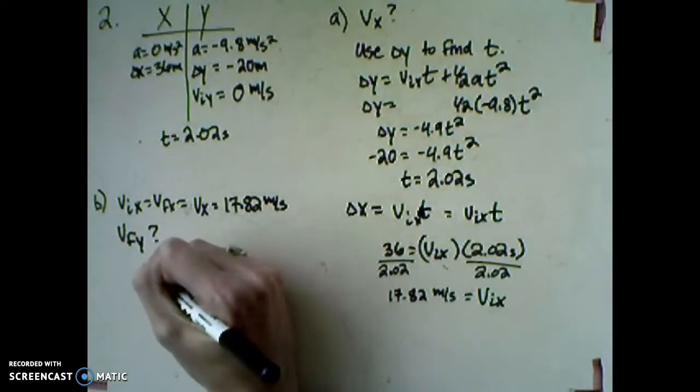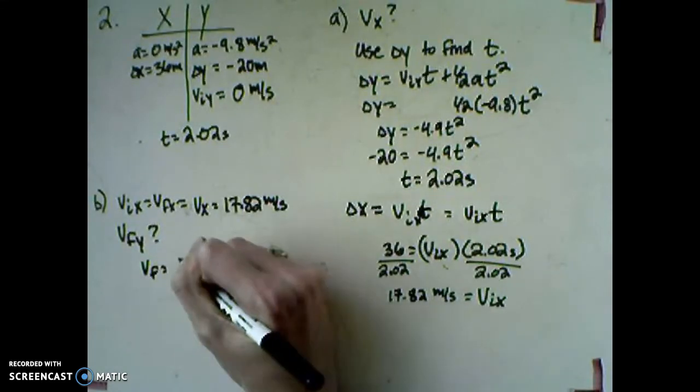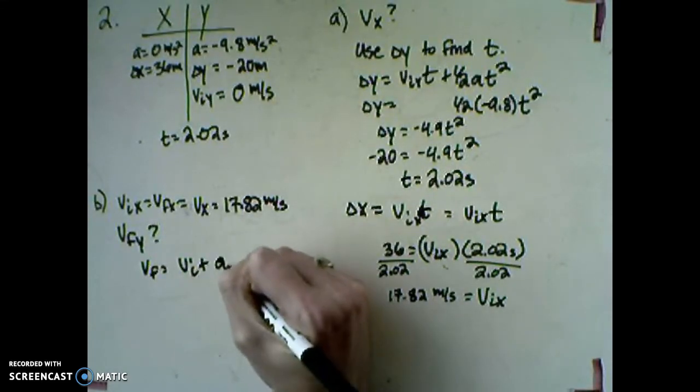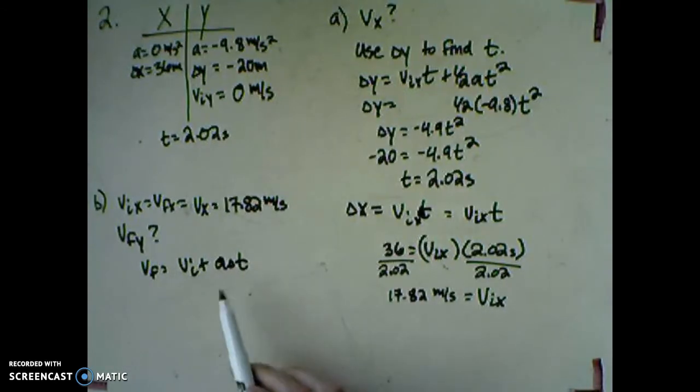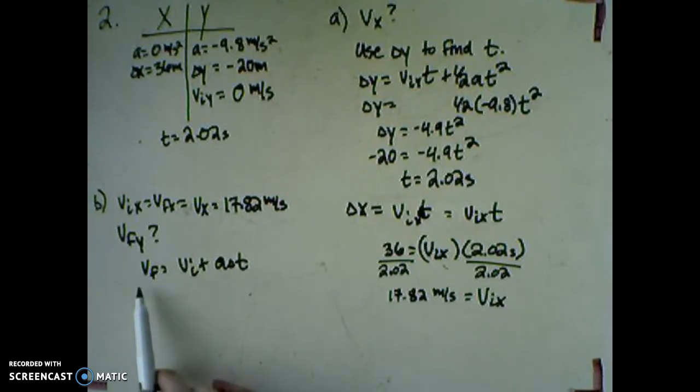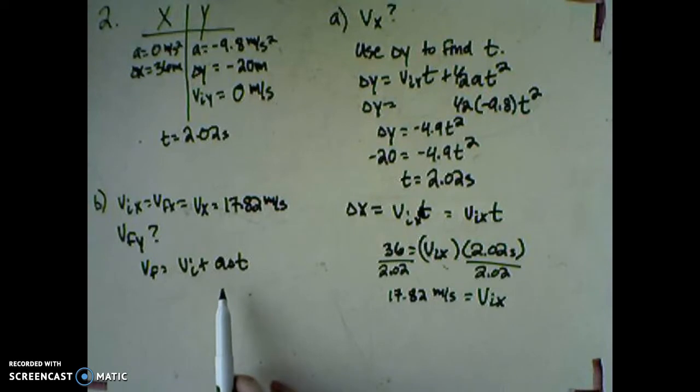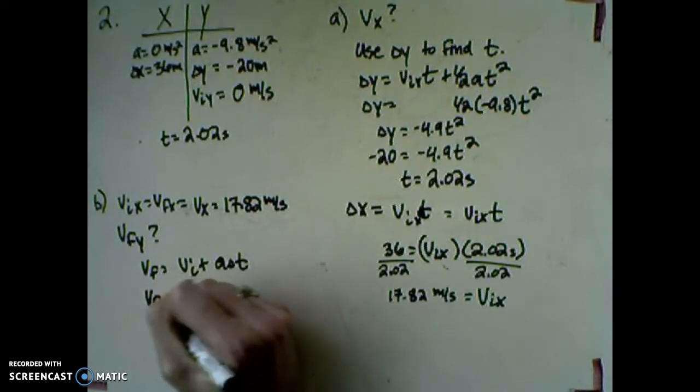So to do that, I'm going to use my vf equals vi plus a delta t. And I apologize, I keep going back and forth between delta t and t. Those two symbols are interchangeable. If you're curious about where this equation comes from, I talk about it in the answer to number 1, previous video. But let's solve for vfy here.